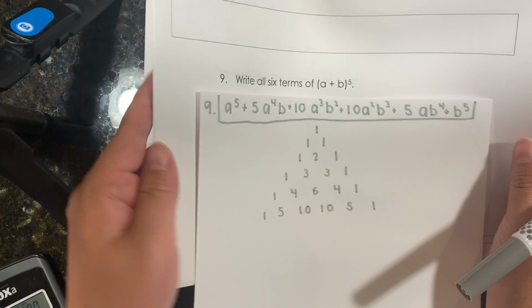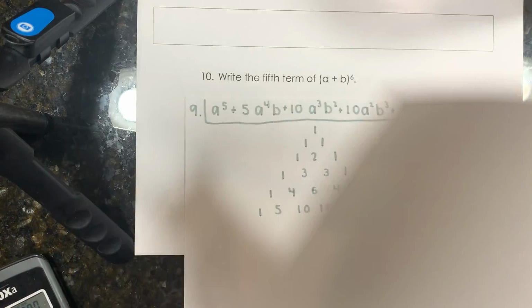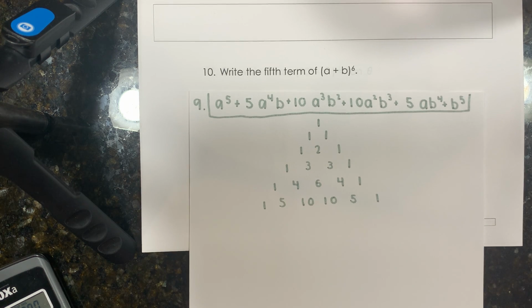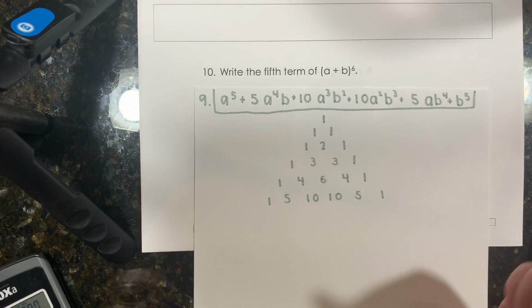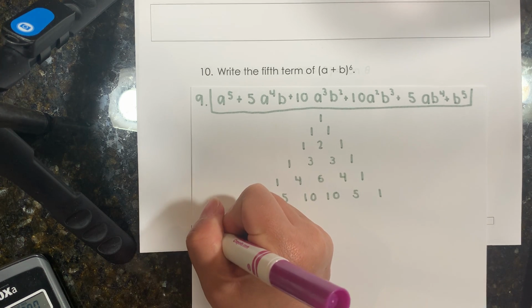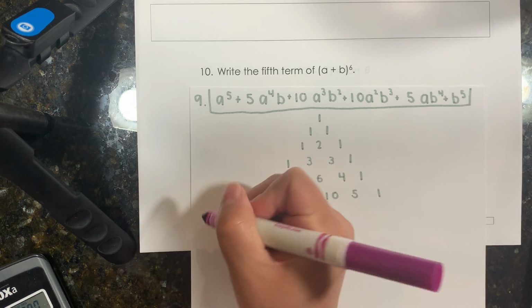So now for number 10, I'm still going to use the chart that I just drew right there. But we're only looking for the 5th term. So what I'm going to do for this one is try and find just the 5th term. So this would be number 10.